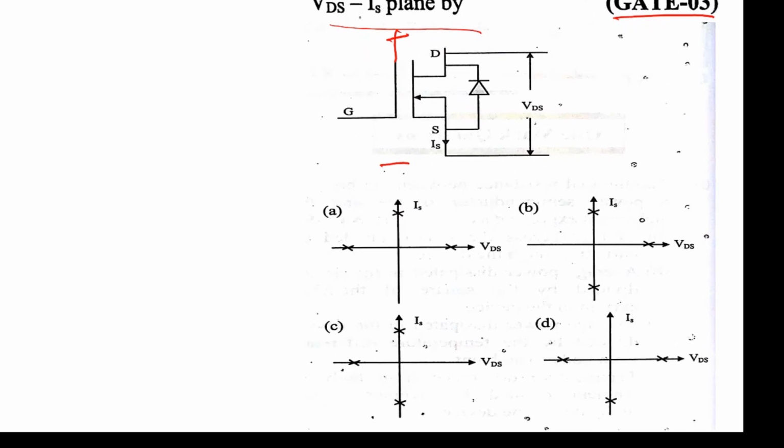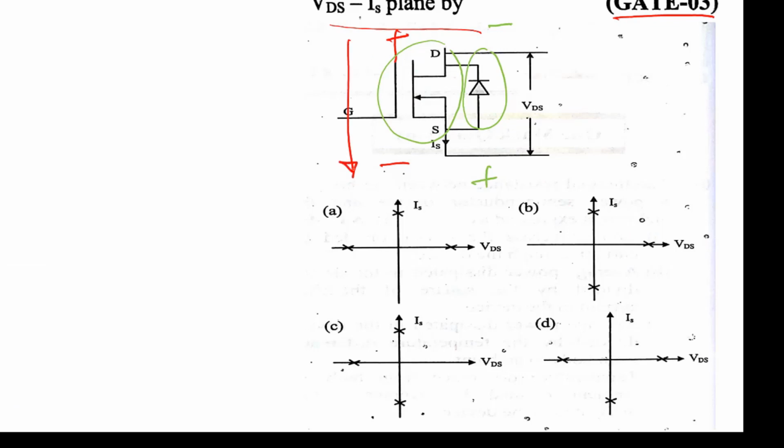If we give the reverse polarity like this, the switch will not block, and this diode will also not block, because through this negative and positive it gets forward biased and will conduct. So it will block only one polarity of voltage, the positive polarity, and it will allow current flow in both directions.